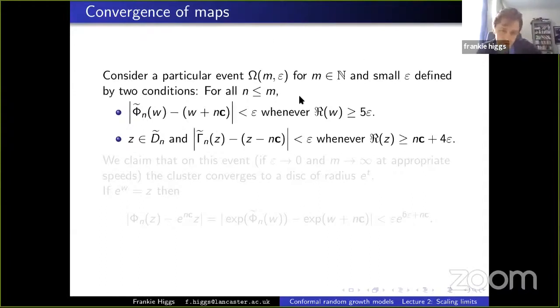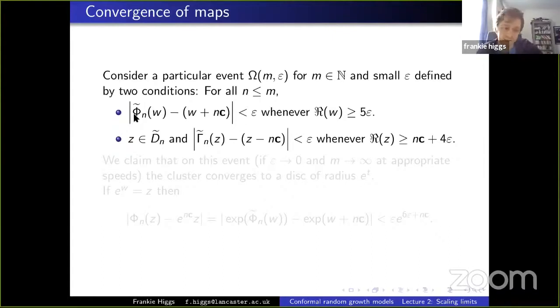So this first condition, it says that on a half plane, so a half plane in logarithmic coordinates is the outside of a disk in regular coordinates. So this is when the modulus of e to the w is greater than or equal to e to the 5 epsilon.